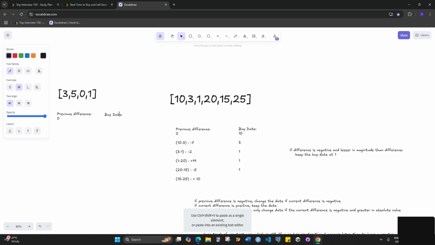So here, start off at 0, and the buy date is going to be at the 3. And then from 3 to 5, the difference is going to be plus 2. So then the buy date still remains at 3.